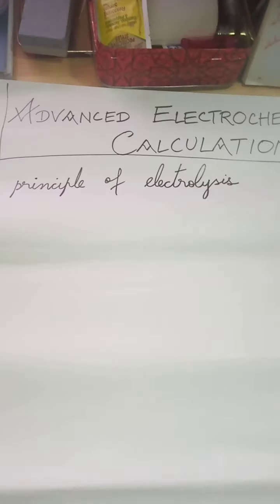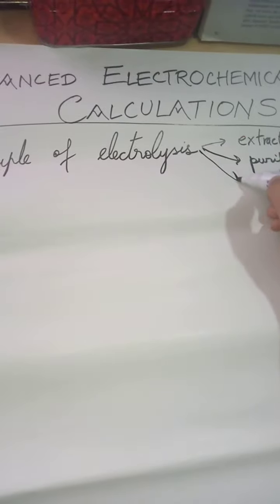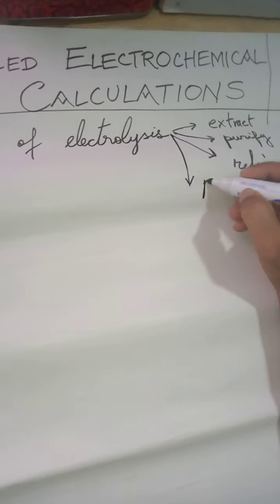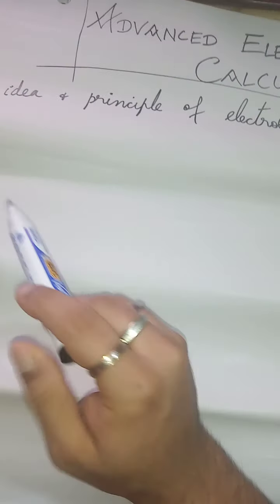Electrolysis is a very common technique, and it's been used to extract, purify, refine, and plate metals. So advanced electrochemical calculations come from the principle of electrolysis, which is used to extract, purify, and refine metals of all sorts.